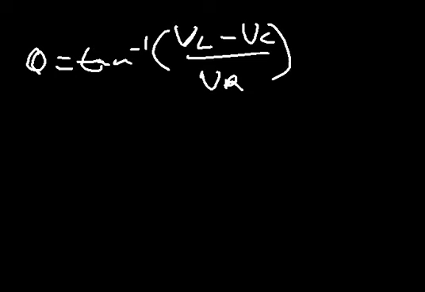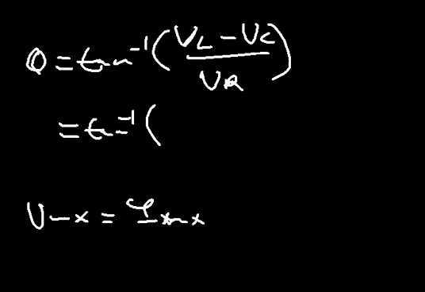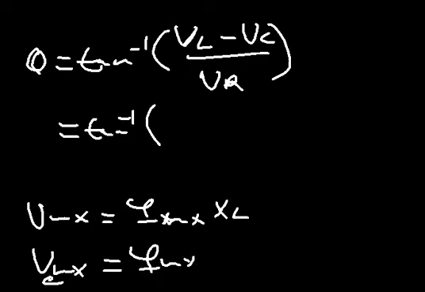Or else we can have tan inverse, using the formula for the voltages: VL is Imax times XL, the voltage across the inductance, and VC, the voltage across the capacitance, is the same as Imax times XC.